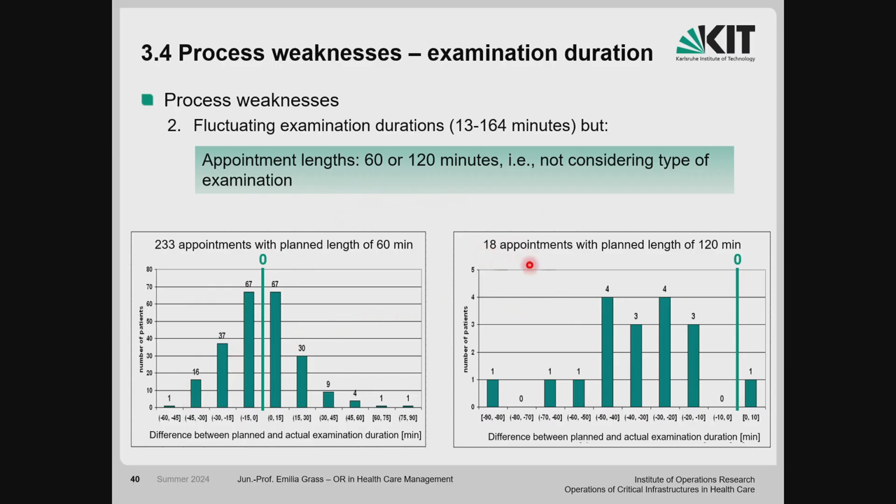And 80 appointments were planned for 120 minutes, but again, there was not even one patient. All the patients needed less time, and there was only one outlier with 164 minutes. So there's also some kind of weakness. The 1 or 2 hour slots do not fit the real fluctuations of the durations.